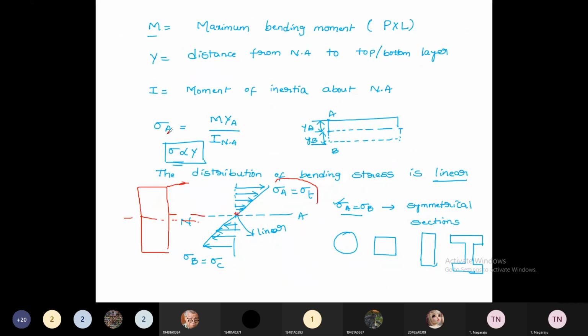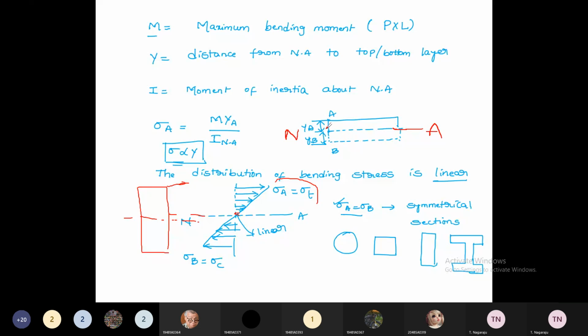So if you substitute the values, bending moment is equal to P into L, and that is where you get the maximum bending stresses. If you draw the cross section of the member, at the neutral axis the bending stresses are zero. This is a symmetric section, so the geometric axis, or central axis, is the neutral axis.